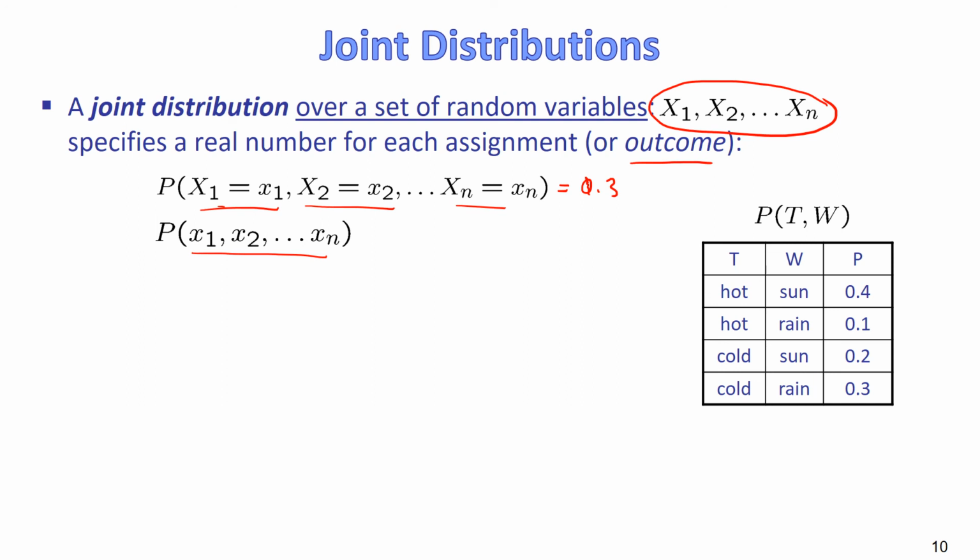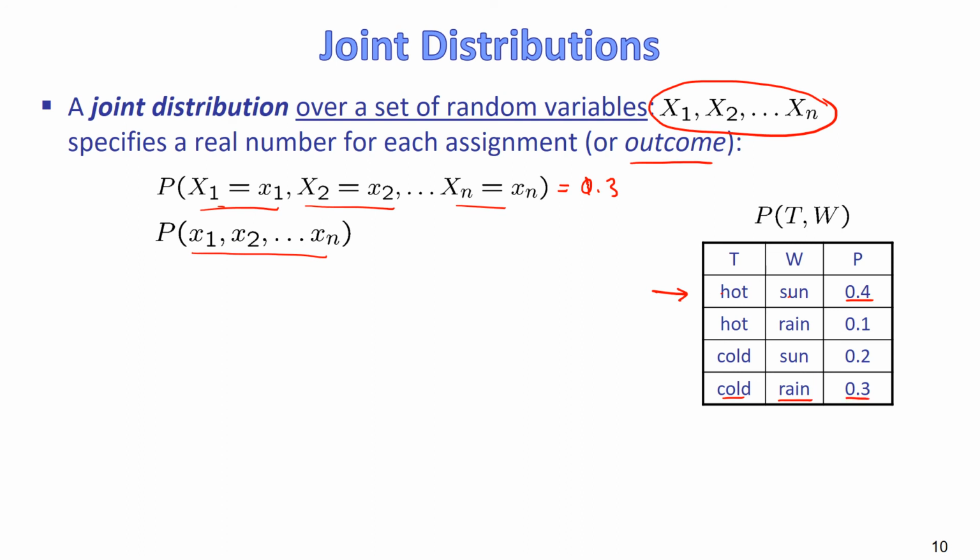Each row here is an assignment of values to variables, and we have in the table all the possible combinations of values for all variables. So for example, this row means that the probability that the temperature is hot and the weather is sun is 0.4. The probability that the temperature is cold and the weather is rain is 0.3.